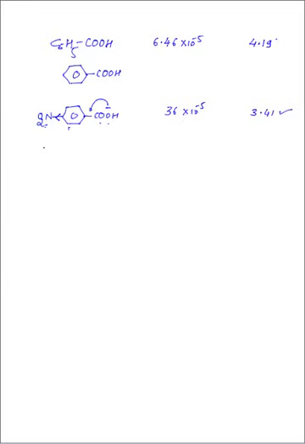So here the benzene ring is involved in the delocalization of the electrons. So like this, C double bond O and O minus, H plus. So benzoate ion is formed. These electrons are distributed like this.